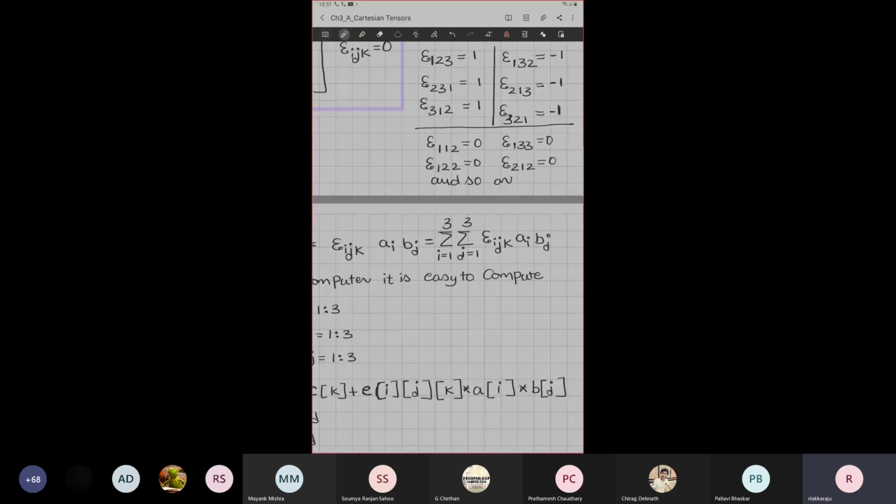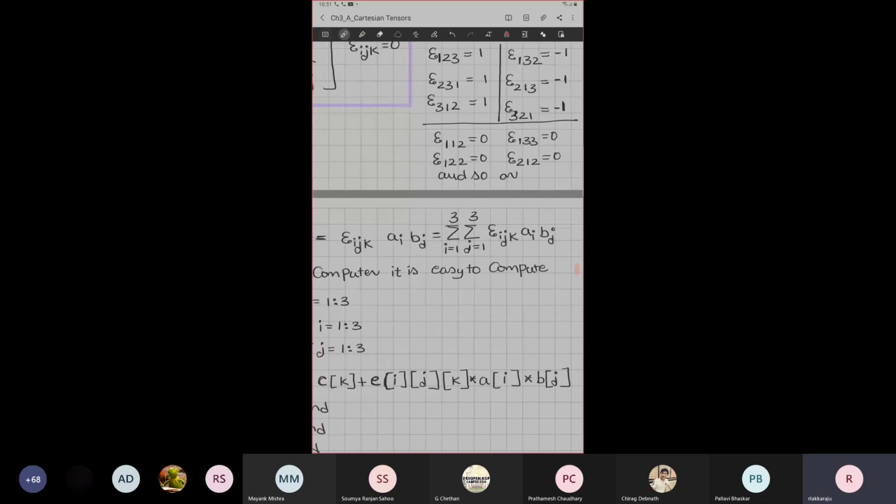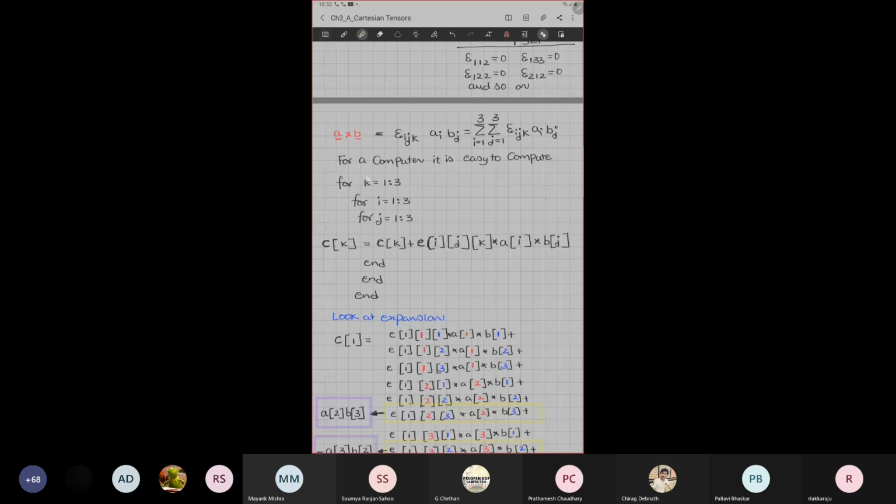Now, how are we going to teach a computer the cross product? Let us look at this program. Let me highlight it. Can you see the yellow highlighted part? For k equal to 1, 2, 3, for i equal to 1, 2, 3, for j equal to 1, 2, 3, summation is supposed to be on i and j.